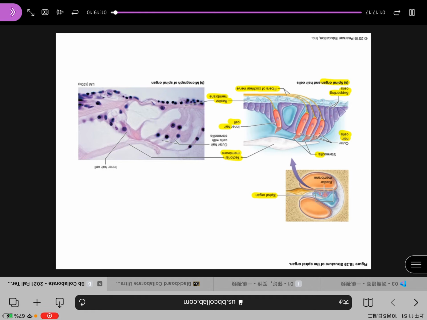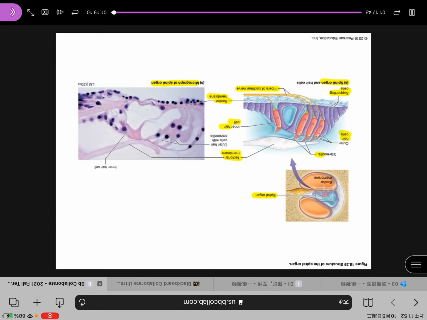By the way, review very quickly the microscope slide for the spiral organ of Corti, the microscope slide that you see here with figure B. Looks pretty simple, whereas the retina of the eye is more complex, has many layers of cells. But here you can see that it's very simple, just like the figure that you have here.